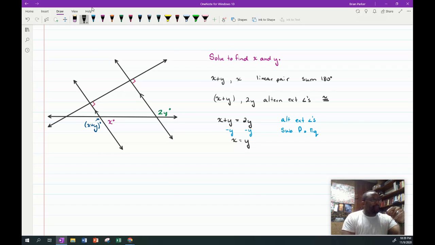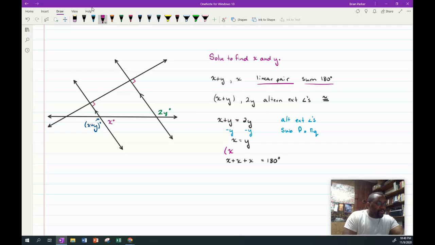Right? So now I can say something else. I'm going to say that x plus x plus x equals 180 degrees. Now you may be wondering where I got that from. Well, I remembered that because x plus y and x are a linear pair, their sum is 180 degrees.